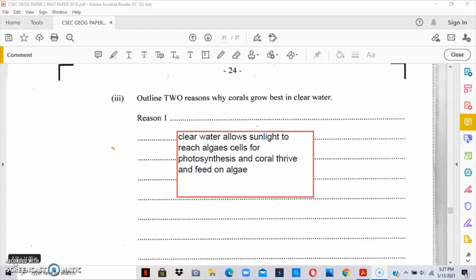Coral reefs depend on a certain amount of oxygen in the water, and clear water provides a sufficient amount to help with coral reef development. Clear water also allows the sunlight to easily warm the water, thus making the temperature ideal for the growth of coral.